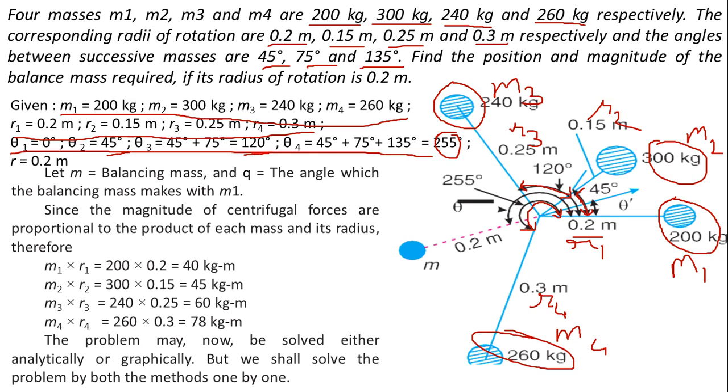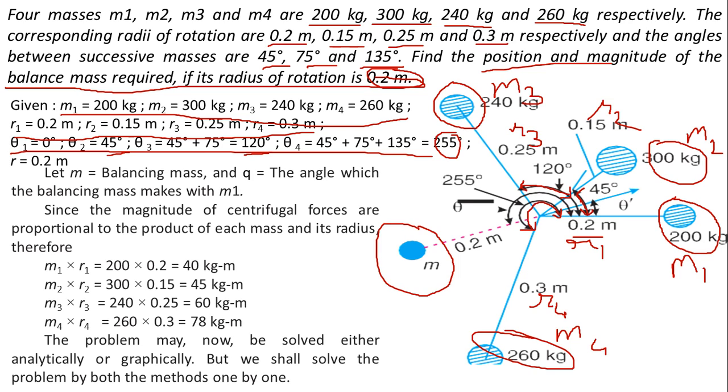Okay, and he has given that you have to find out the position and the magnitude of the balance mass required if the radius of rotation is 0.2 meters. Means you have to find out the disturbing mass, that is, for the disturbing mass what is the balance mass. So let us take this unknown mass m. The value of this you need to find out with an angle.